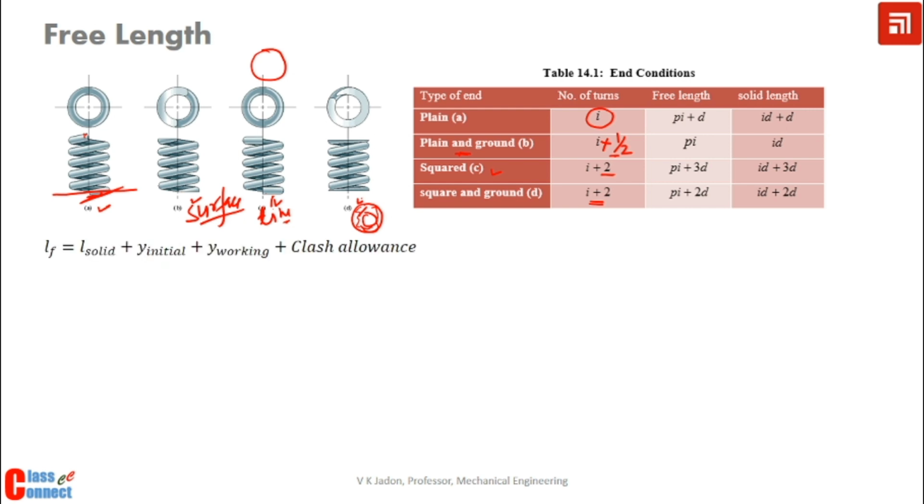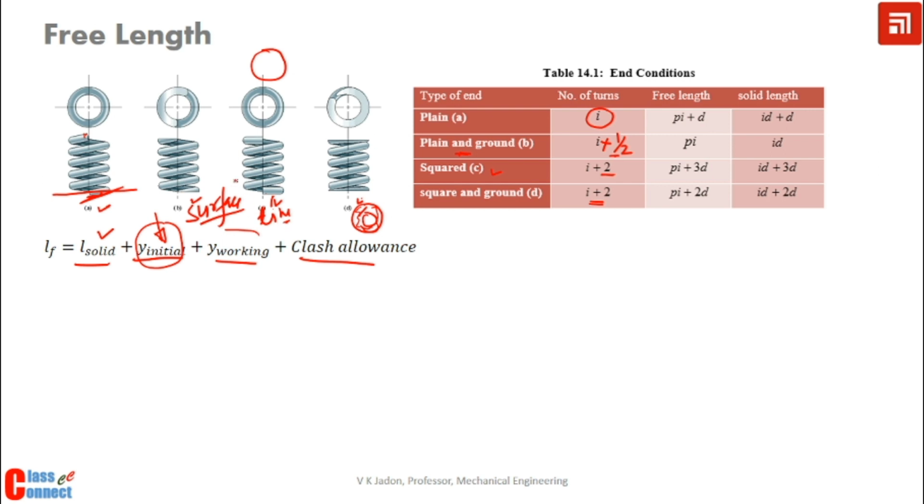Then free length is given by the solid length, y initial, y working and clash allowance. Solid length is the length when we compress the spring until successive coils touch. Y initial is the deflection when we apply the initial load, because every spring in a mechanical system is subjected to some minimum load, and the deflection at that load is the initial deflection.